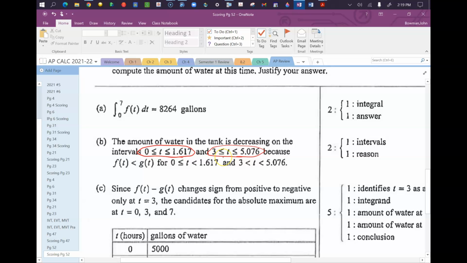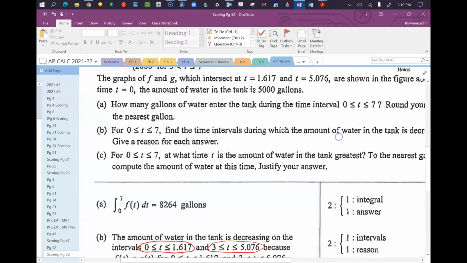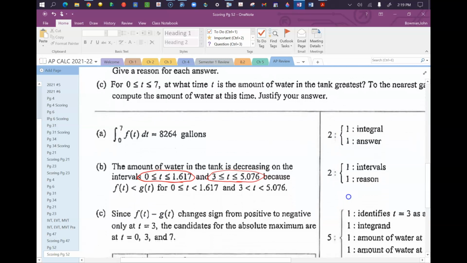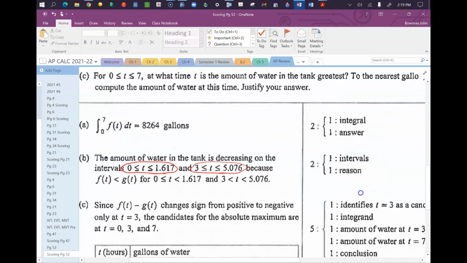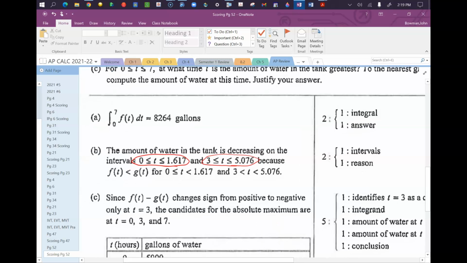And at 3, I guess we don't have the rate that it's flowing out defined. So I would not have included the endpoints on the second one. I think that they would be generous for that. Oh, actually, the answer is right here, and that would be the answer that I gave.